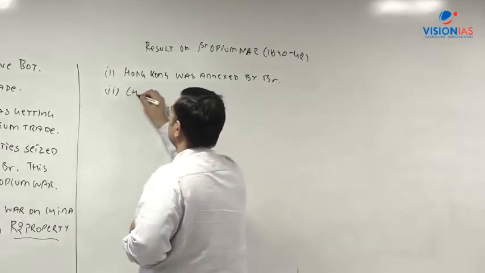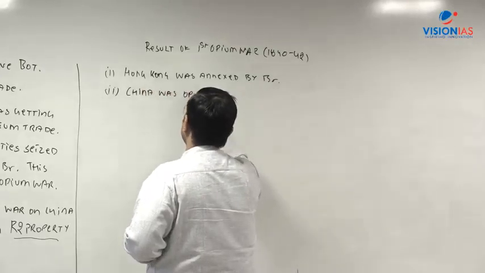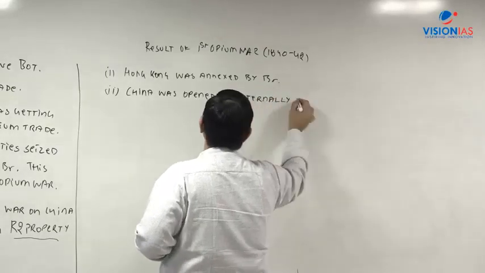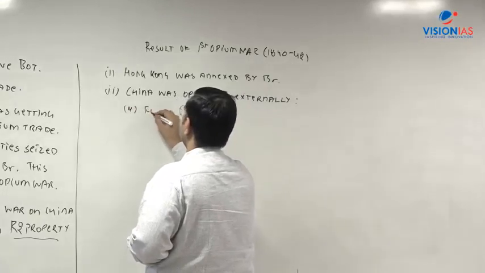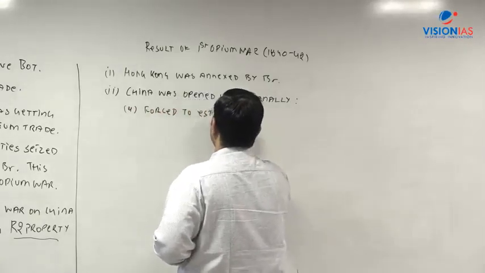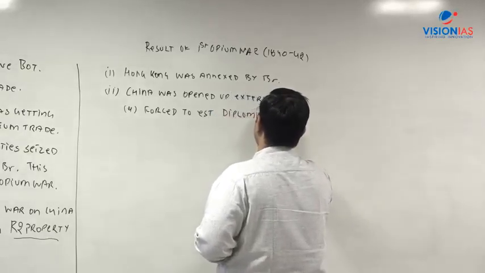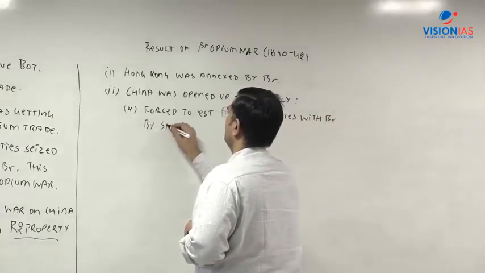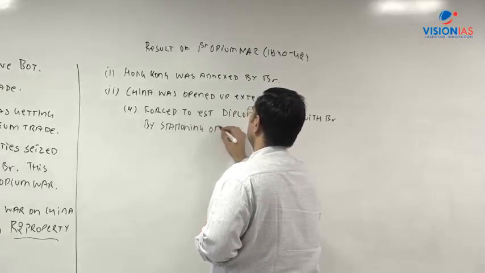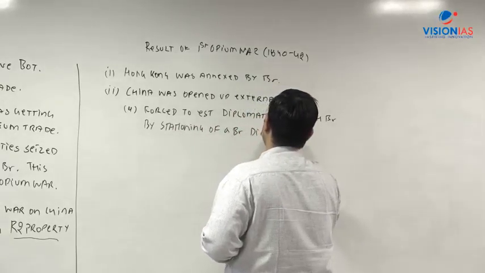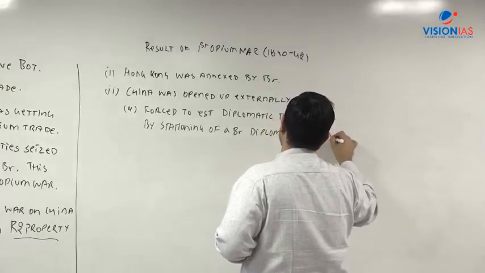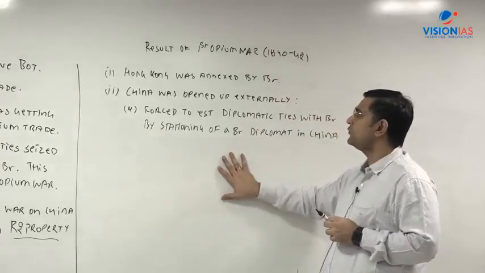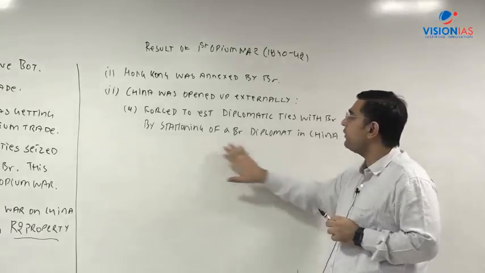Let's see how. First of all, China was opened up externally, and China was forced to establish diplomatic ties with Britain by stationing of a British diplomat in China.